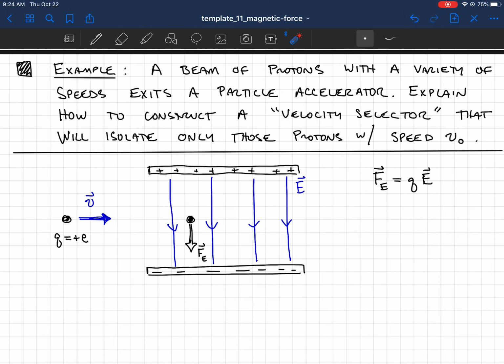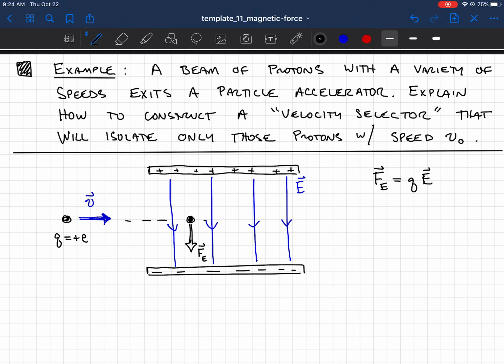If we were to just allow it to go through here, you can see that it would curve downward, exactly like a projectile motion problem, and it might even hit the plate. It certainly could not go straight through because it has a single force on it. So the idea here is to allow it to go straight through.